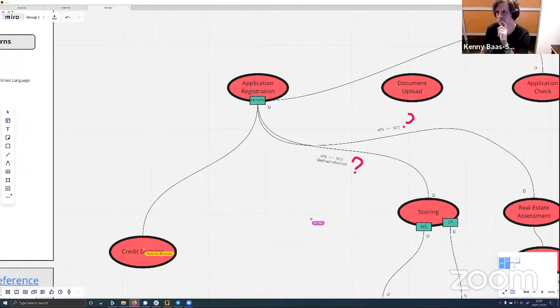I had the same experience there. Open host system and downstream with the regulator. Yeah, exactly. That can happen. But that was the only exception that I've ever seen where an open host service was downstream. Have you seen other cases, Kenny? No.